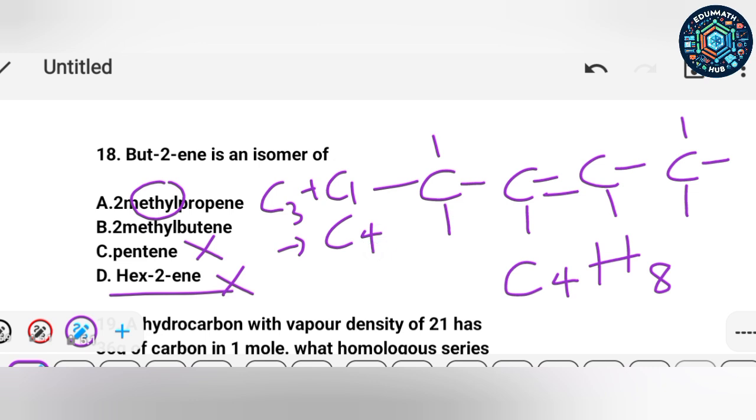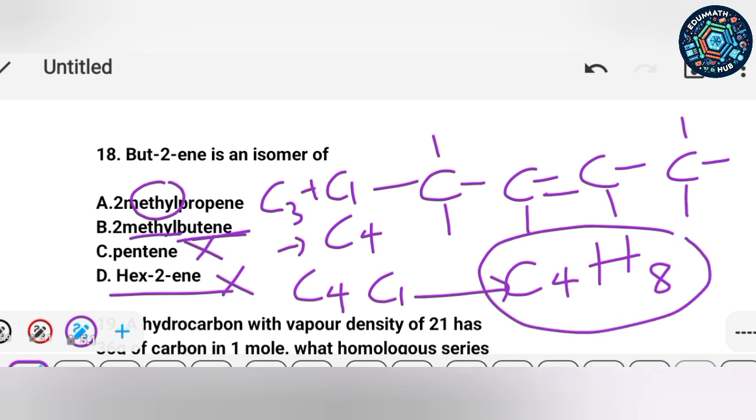That's for option A. But if you look at option B, which is 2-methyl butene. Butene here, butene is 4. You now have 2-methyl. You have a methyl and you have butene. So butene is C4. And you now have methyl there. That methyl now is C1 or ordinary C. That will be C5. C5 cannot be the same as this formula here.